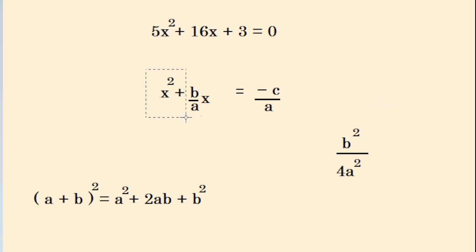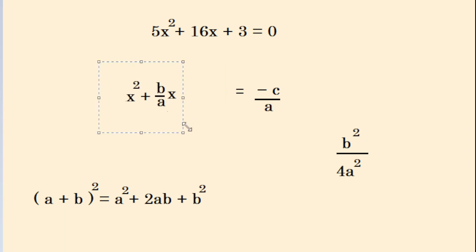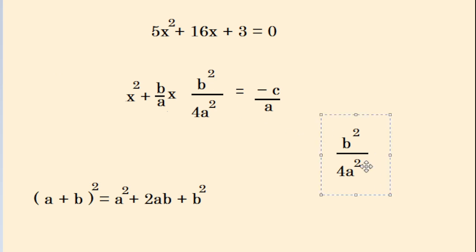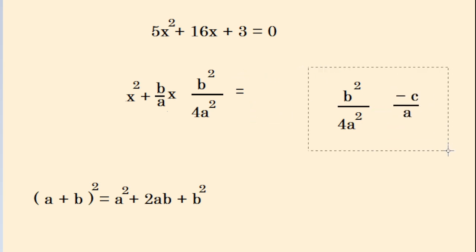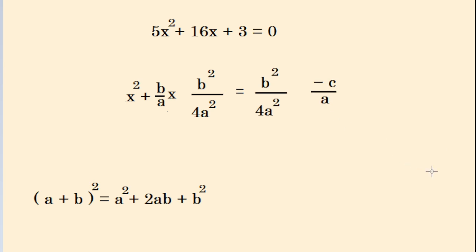Also, don't forget that when you add on one side, you should also add the same thing on the other side. So we add it here, and we add it here. Well, actually I'm gonna add it like that, in front.